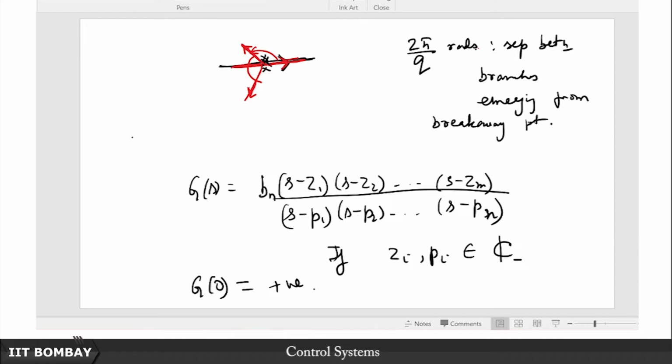To reiterate, what is this g0? This g0 is something that we call a DC gain. Why do we call it a DC gain? DC means direct current, a constant value.